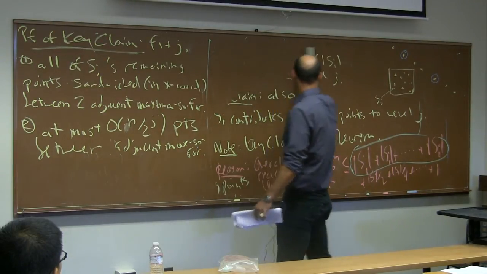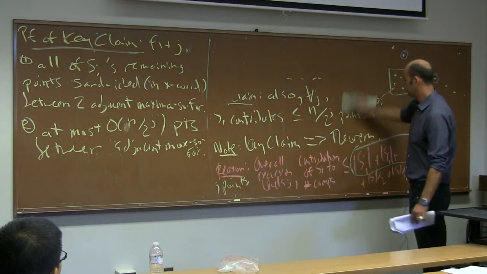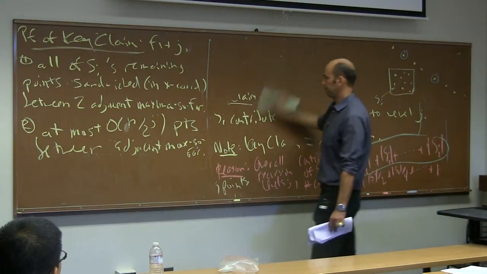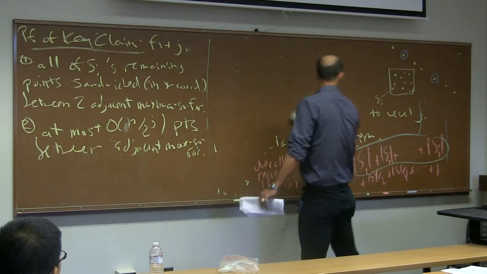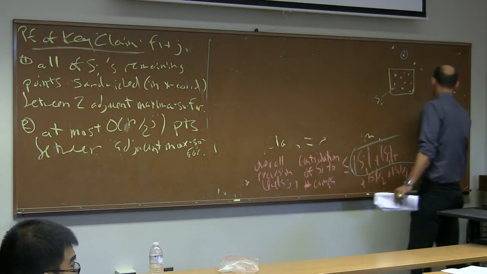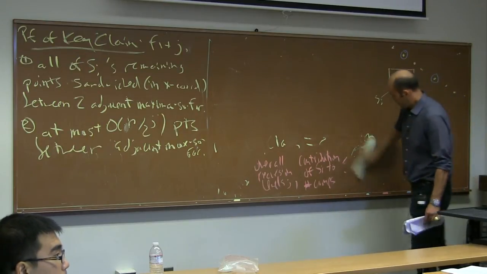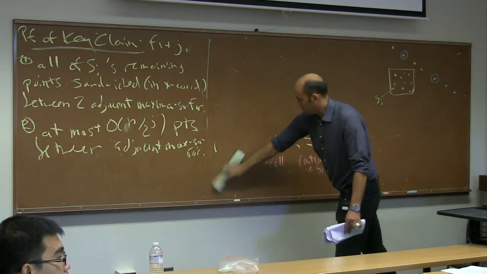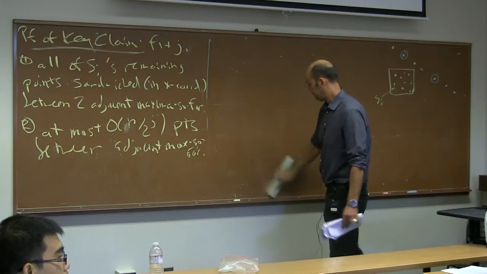Okay. So we've reduced the key claim to proving 1 and proving 2. I'll leave you the picture. All right, these are both bite-sized. Proof of 1.